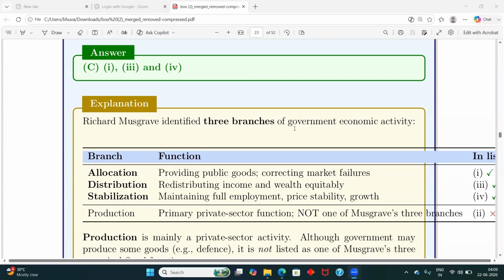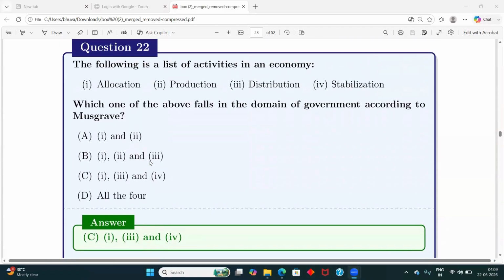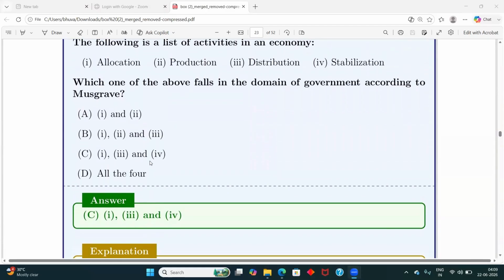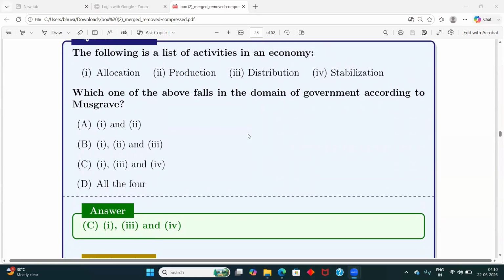So this is a primary private sector function, not one of the Musgrave three branches. So Musgrave explains only three: allocation, distribution, and stabilization. The correct option is option number C, 1, 3rd, and 4. So 1 is allocation, 3rd is distribution, and 4th is stabilization.